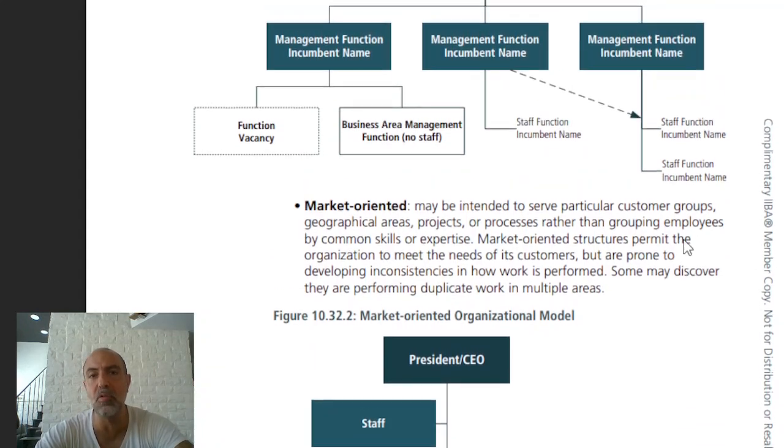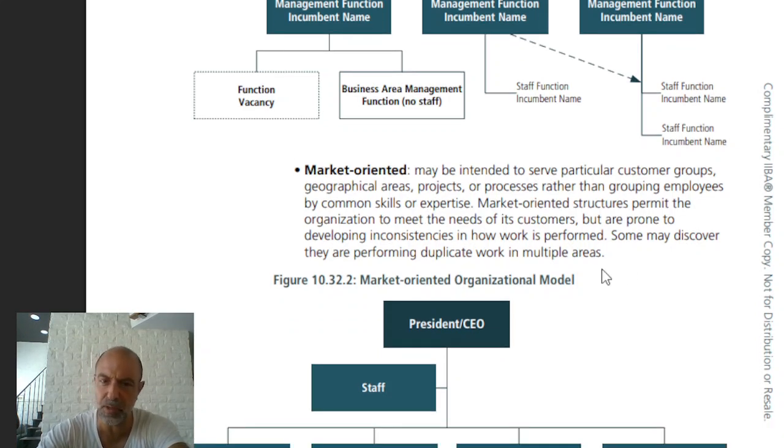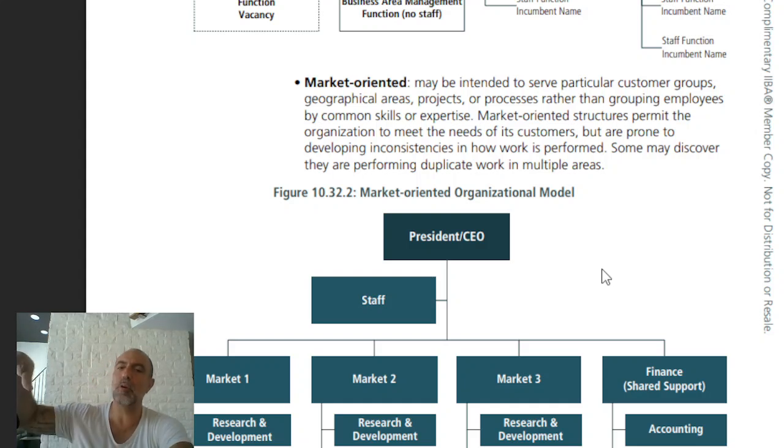Market-oriented: in a normal hierarchy each department is in charge of something, and this is how they structured it. Market-oriented structures are intended to serve particular customer groups, geographical areas, projects, or processes, rather than grouping employees by common skill or expertise, like an accounting department or marketing department.